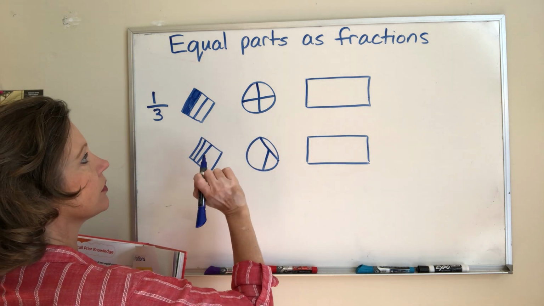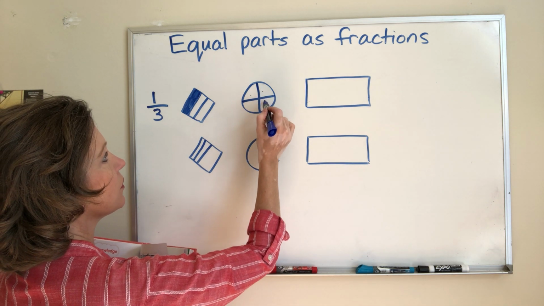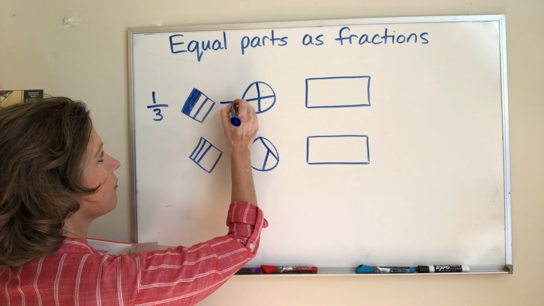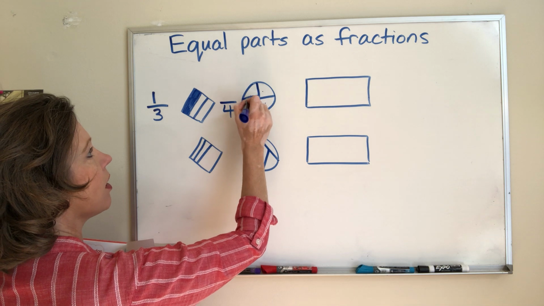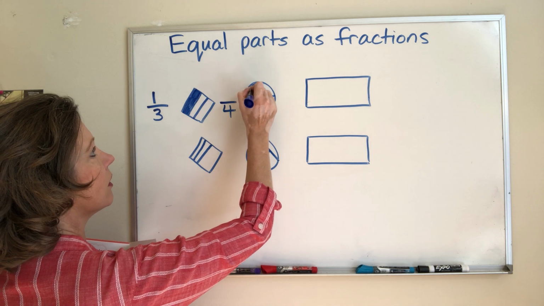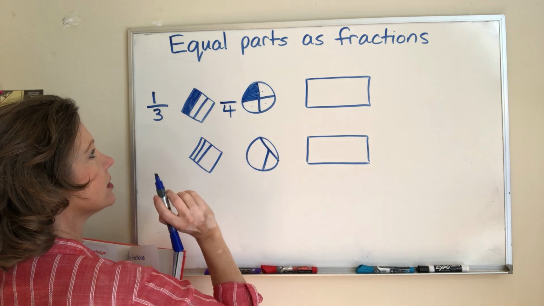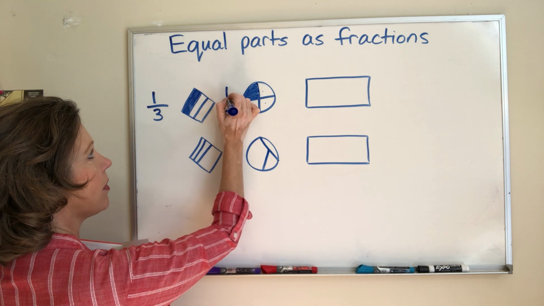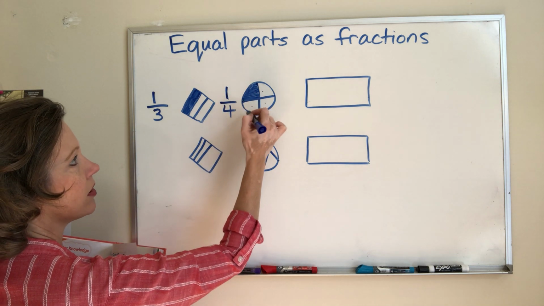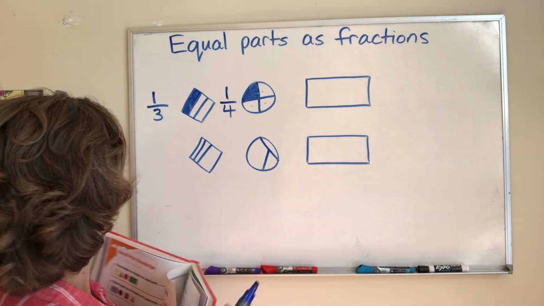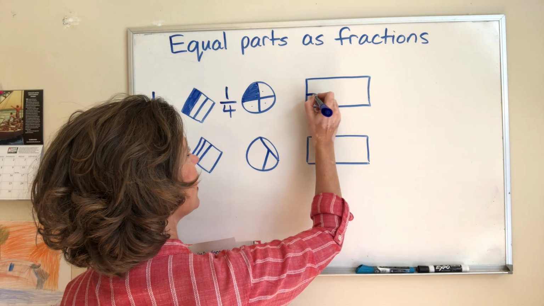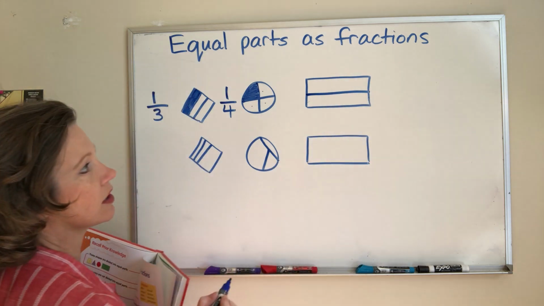This one has more than 3 parts. This one has 1, 2, 3, 4 parts. So out of 4 parts altogether, if I color in 1 square, or 1 part of the shape, I have colored in 1 part out of 4 parts altogether, so I have 1/4, exactly.